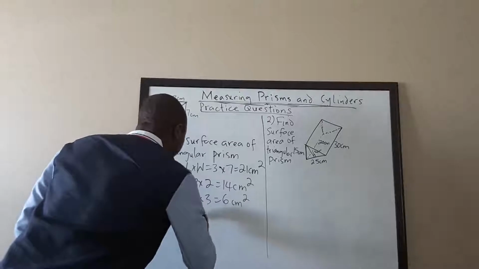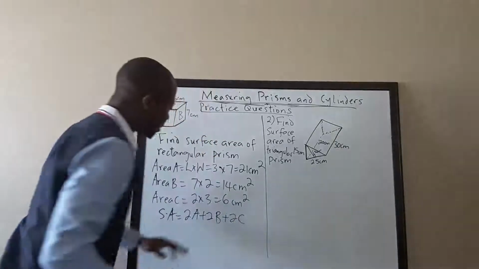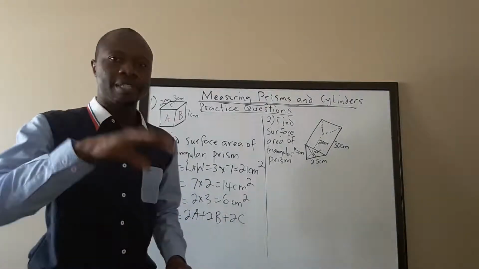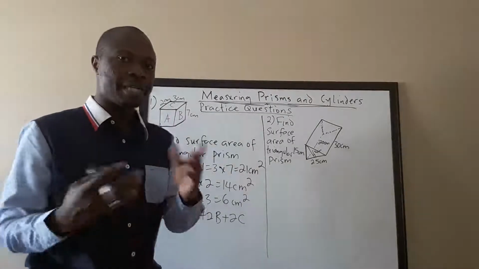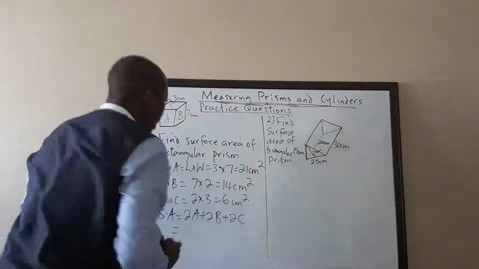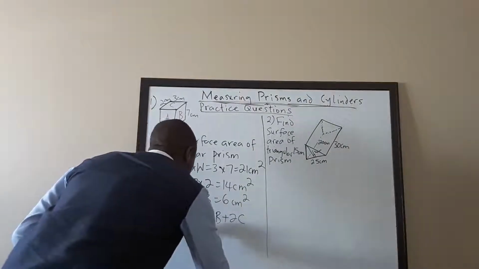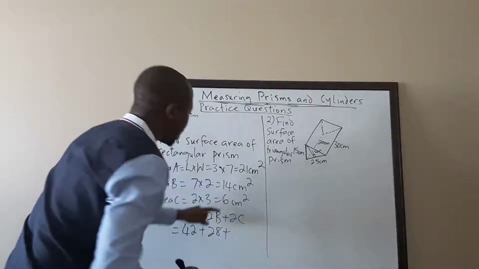So the surface area is going to be 2 times the area of A plus 2 times the area of B plus 2 times the area of C. Remember, we have a total of 6 sides, and each of A, B, C is duplicated. So 2 times 21 is 42. 2 times 14 is 28. 2 times 6 is 12.